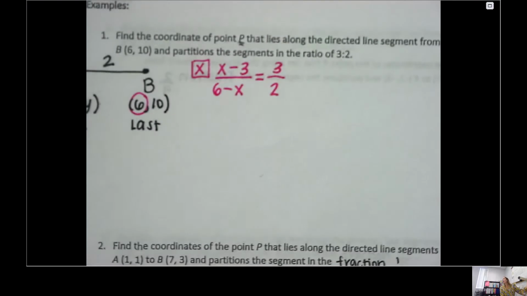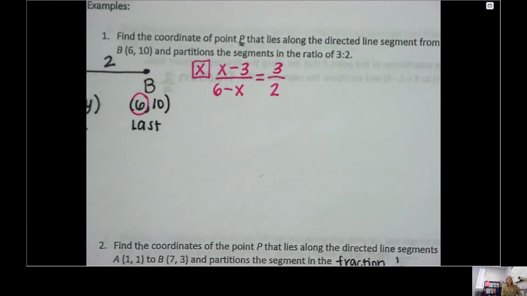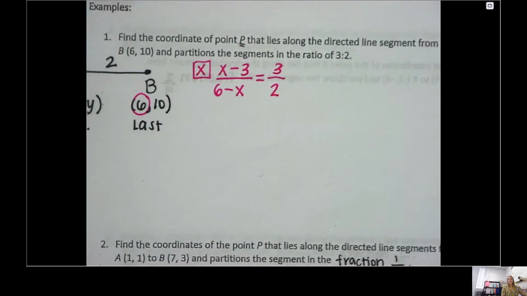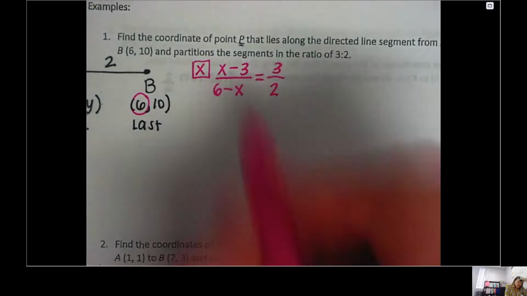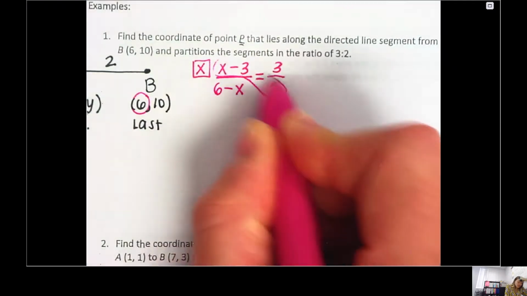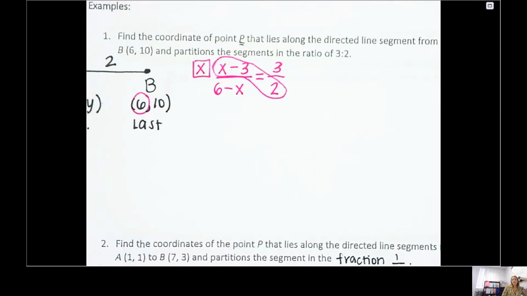Now, this looks just like our warm-up problem. We're going to cross multiply now. It does not matter which one you do first. Remember, cross multiply means you're doing it diagonally.